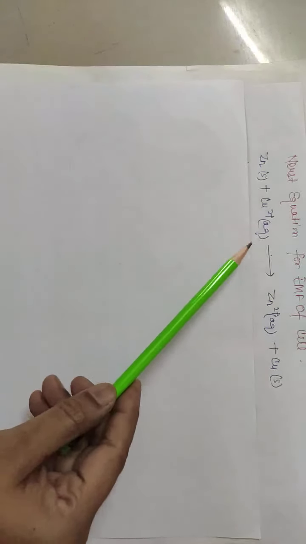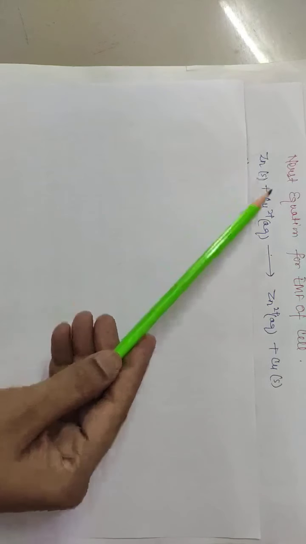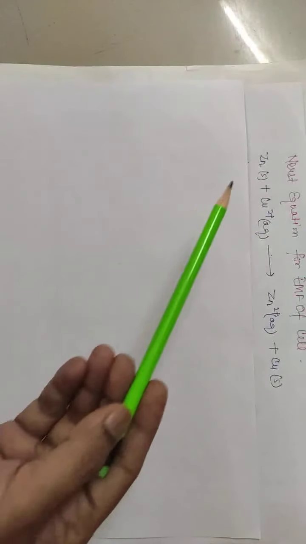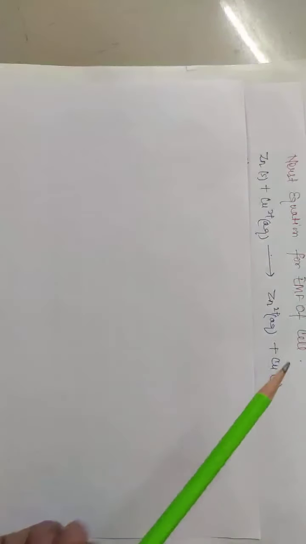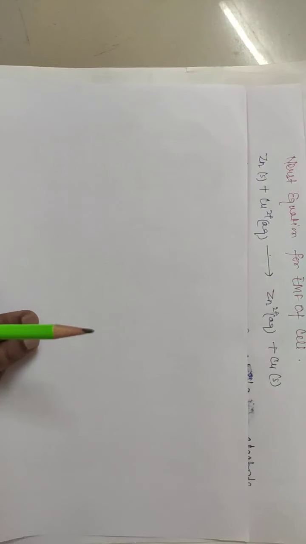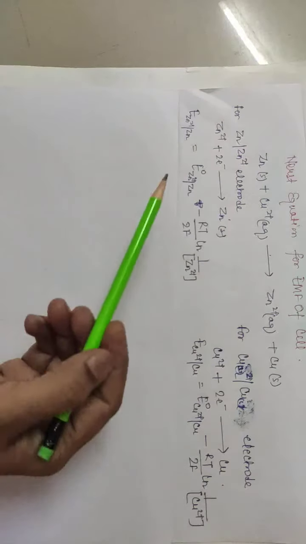Suppose you want to calculate the EMF of a cell, that is the E cell of the reaction. For example, consider this reaction of the Daniell cell where zinc is getting oxidized and copper is reduced. That is, zinc is the anode and the copper electrode is the cathode. Writing both the equations in the reduced form, we have to write like this.